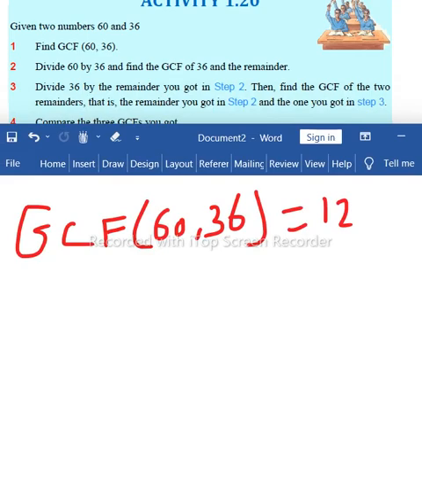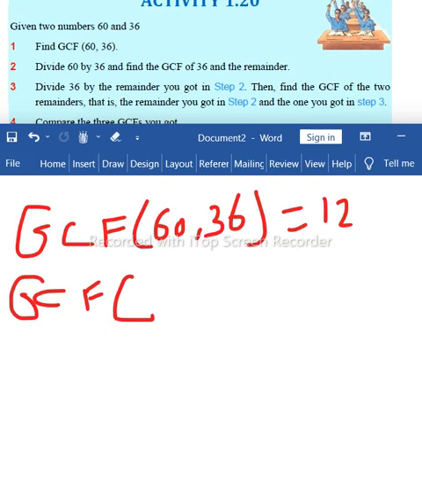Now divide 60 by 36 and find the greatest common factor of 36 and the remainder.